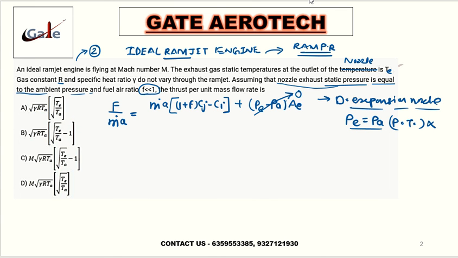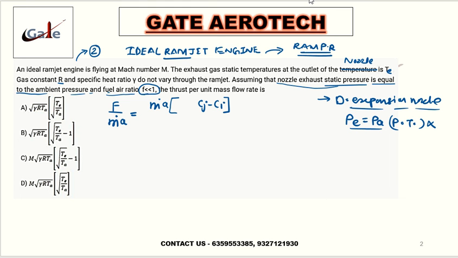There is no pressure thrust now, so I am removing this. Now they are saying the fuel air ratio is very small, please neglect this, so I am removing these also. So now can you tell me how the equation looks now?